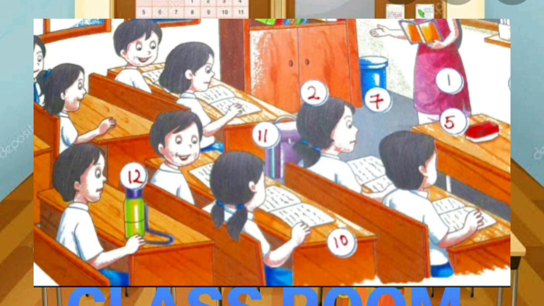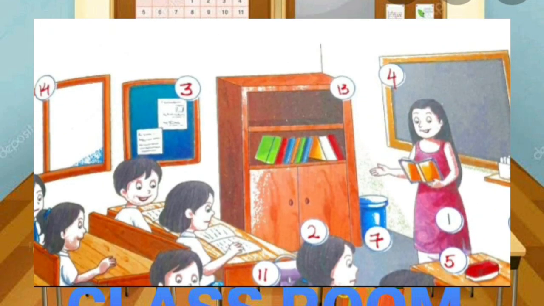So purple color bag is there, and in that round you have to give the number 11. And water bottle, green color, last student is sitting with a water bottle, there we have to give number 12. 13th one is a cupboard. Cupboard you have to give the number 13. And 14th one is a window, that you have to give the number 14.